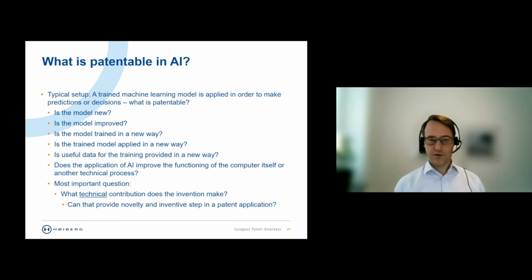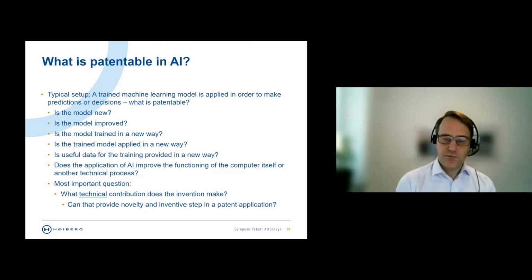So I think, as always with software, it's very important to get back to the question: what technical contribution does the invention make? And if you can answer that as clearly as possible, I think there should frequently be possibilities to do it.